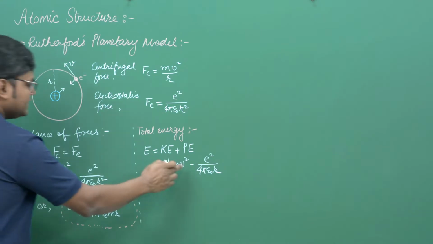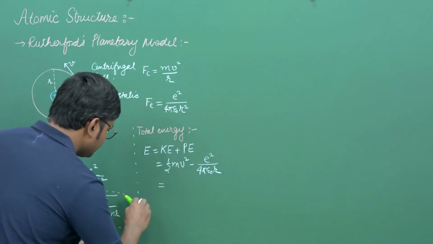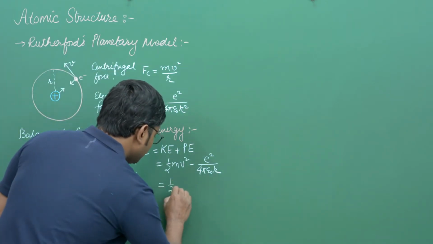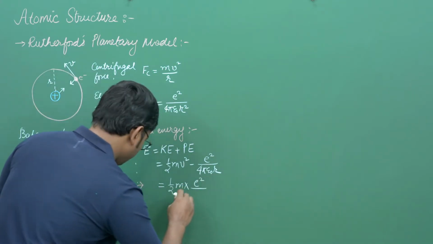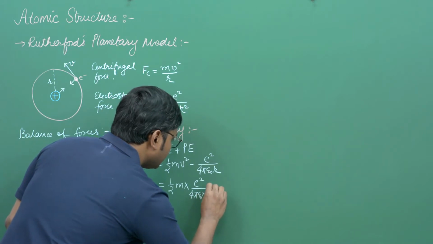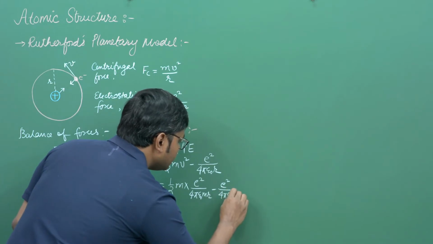But we know that v square is essentially equal to this expression. So if I make this substitution here, I should end up getting half m times v square equal to e square upon 4 pi epsilon naught m r, minus e square upon 4 pi epsilon naught r.